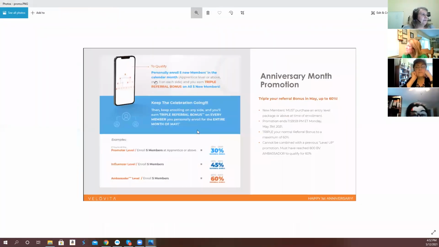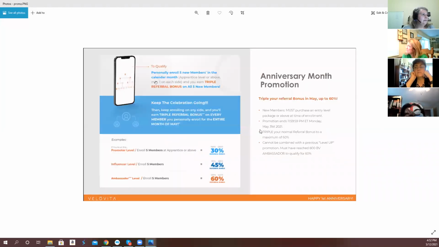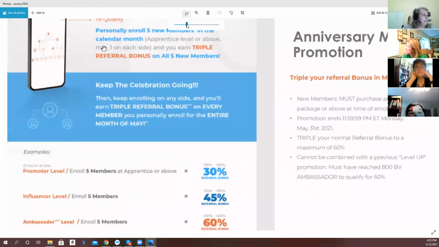There we go. So yeah, you come in at promoter level, you can get 30% referral bonus. Influencer level, 45%. Ambassador level, 60% referral bonus.